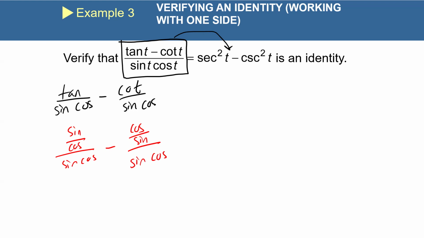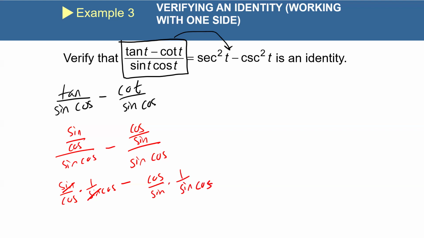What happens when you're dividing fractions? Keep, change, flip, right? So we have sine over cosine times 1 over sine cosine. And what happens to my sines on this one? Minus, over here, we have cosine over sine, keep, change, flip, 1 over sine cosine.